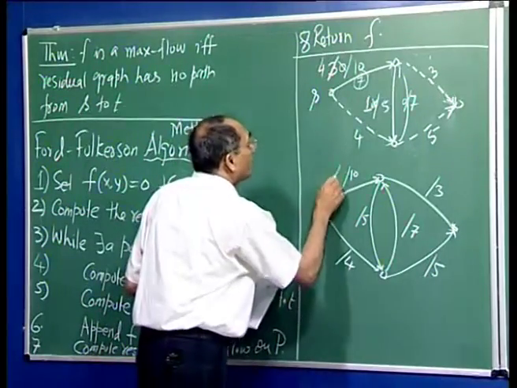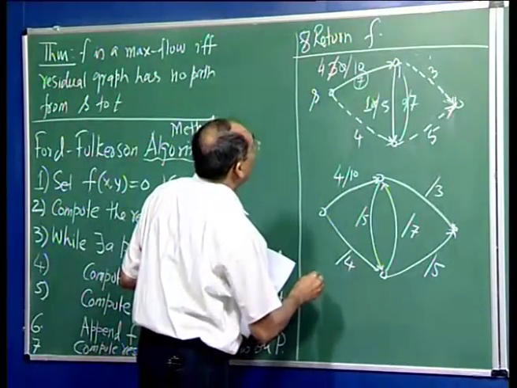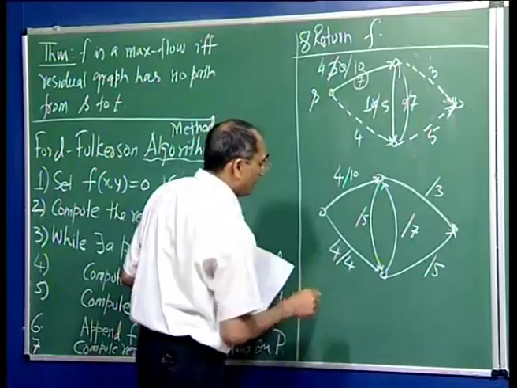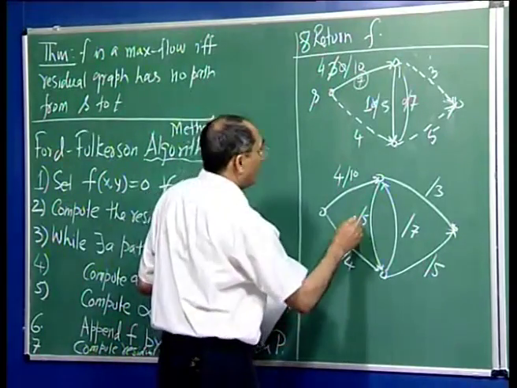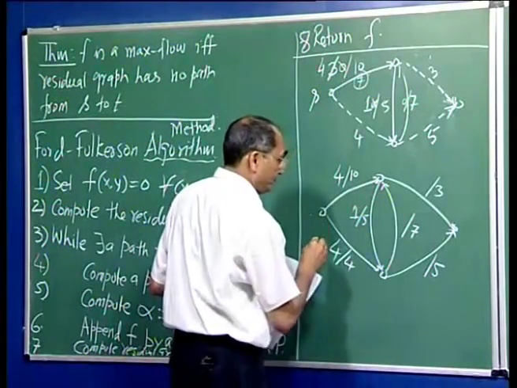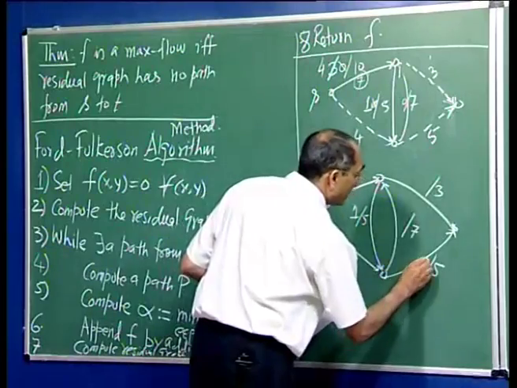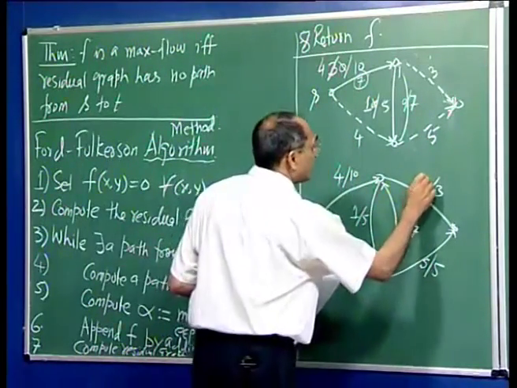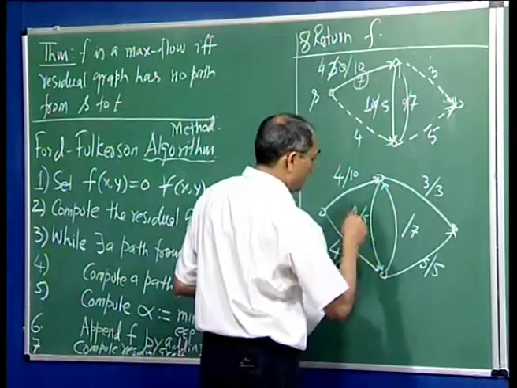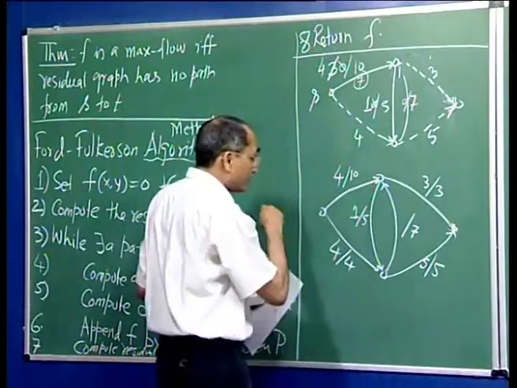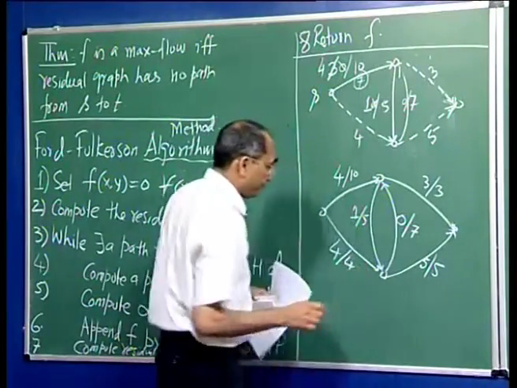We are putting 4 units here and 4 units over here, 1 unit into this, 5 here because this was saturated, 3 here and 0 here.